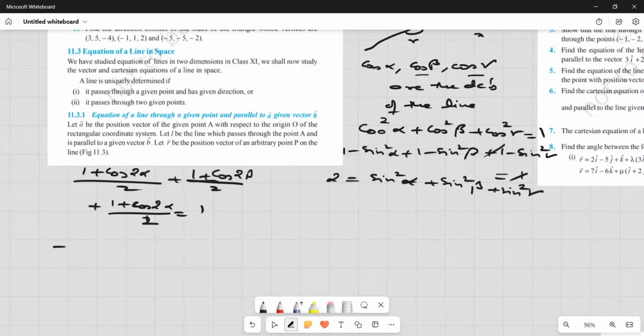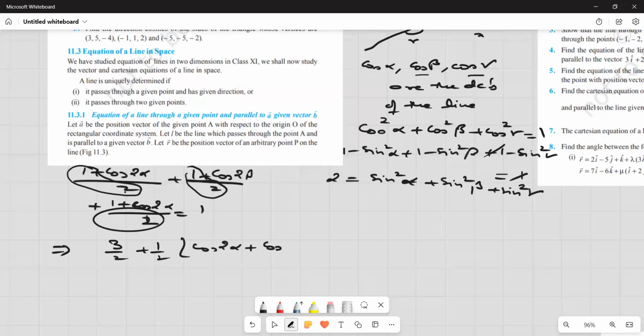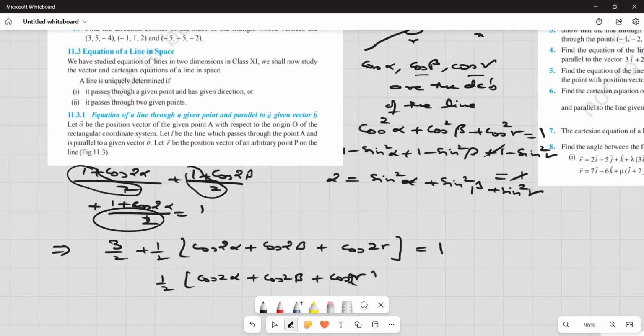So we are getting from here this half, and this half will give you 3 by 2 plus half common, cos 2 alpha plus cos 2 beta plus cos 2 gamma, that is equal to 1, or half times cos 2 alpha plus cos 2 beta plus cos 2 gamma is equal to 1 minus 3 by 2, that is minus half.